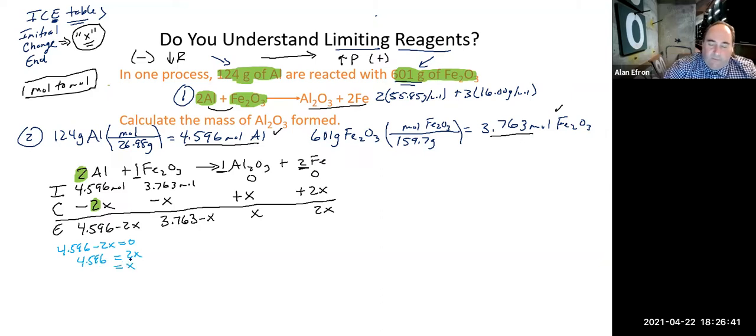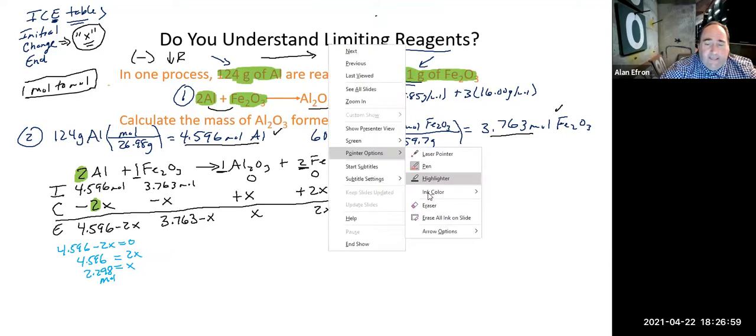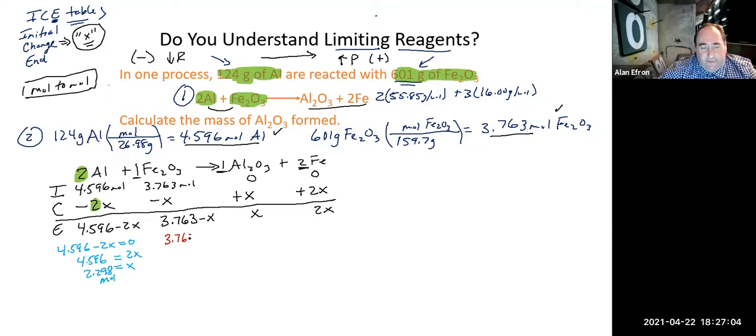X in this case will equal 2.298 moles. We're going to do the same thing for our other reactant. We're going to set it equal to 0. So 3.763 minus x is equal to 0. You can see very quickly, hopefully, x is equal to 3.763 moles. Any questions on those two little calculations right there?